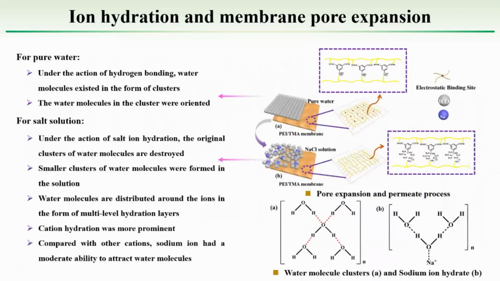We believed that this characteristic stemmed from ion hydration and membrane pore expansion. For the PITMA membrane, the sodium ion permeability was extremely high. In pure water, large and orderly clusters of water molecules were formed through hydrogen bonding between water molecules.